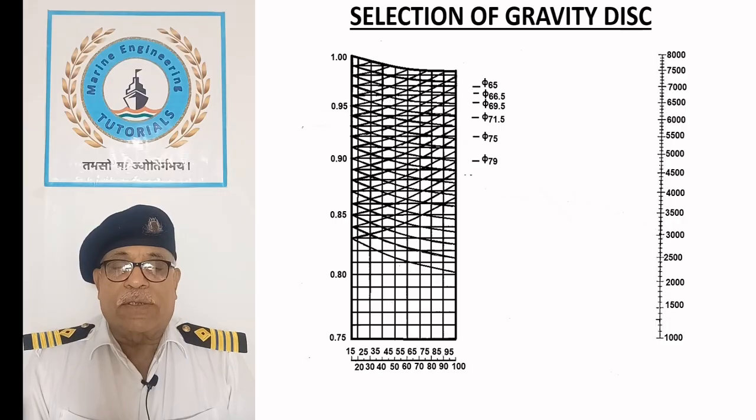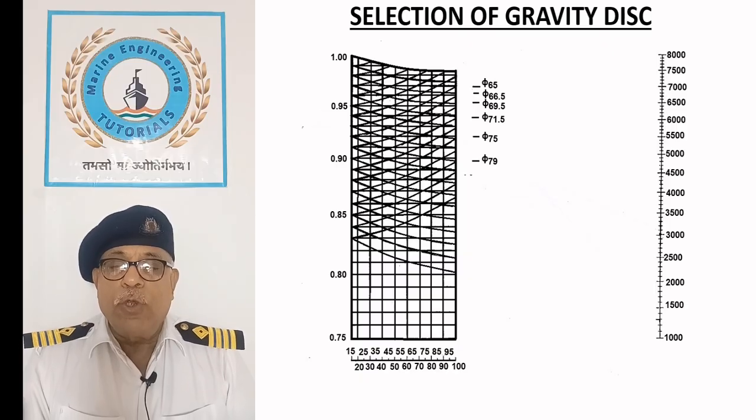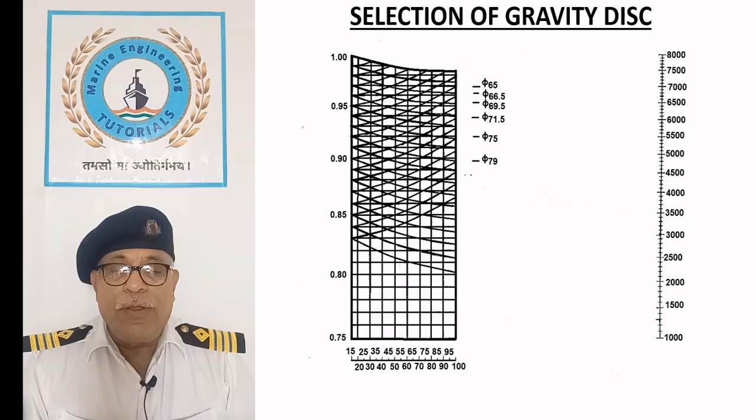Selection of gravity disk. The change in density of oil will disturb the position of interface. Position of interface is adjusted by selection of correct gravity disk. It is important to know that change in oil temperature causes changes in specific gravity.